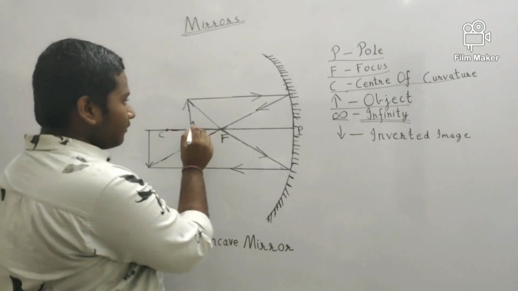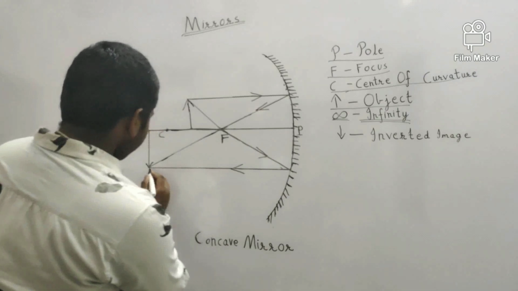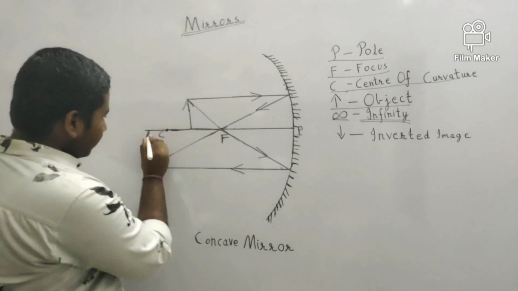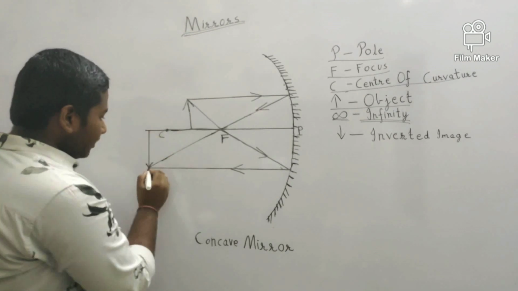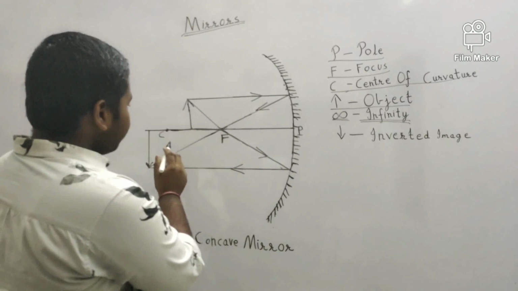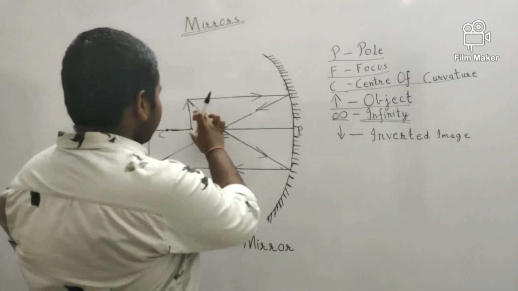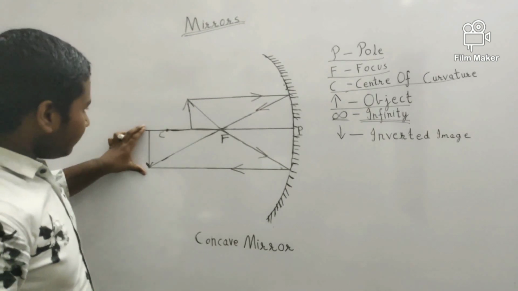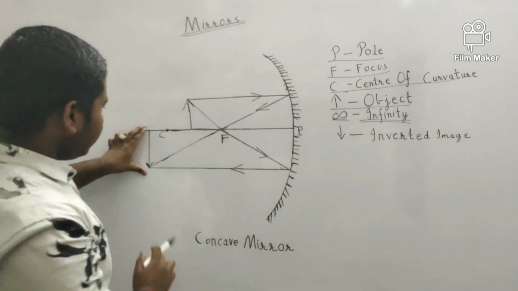The meeting point where both lines meet is beyond C. So the image you will get is inverted, and the size of the image is enlarged, which means the object is of small size and the image size is large. So this is the fifth condition.